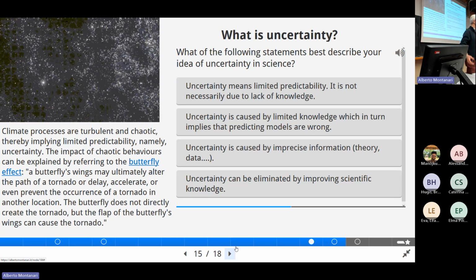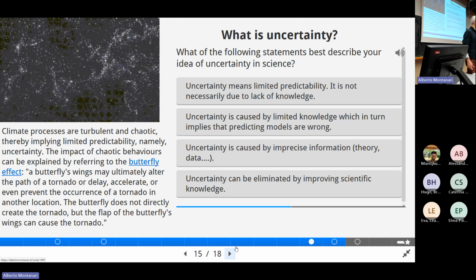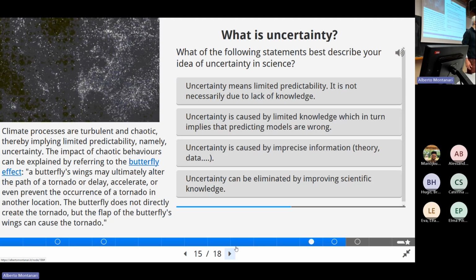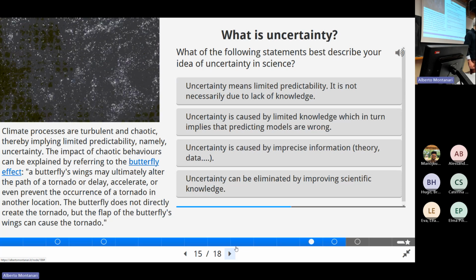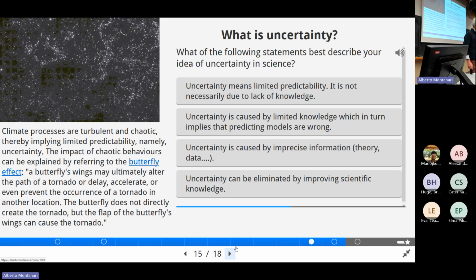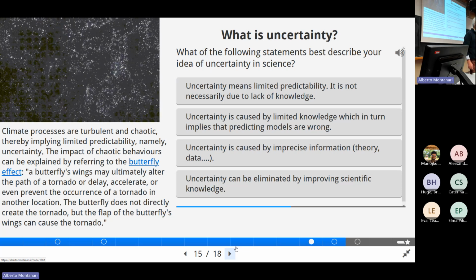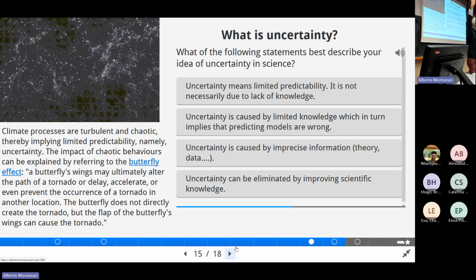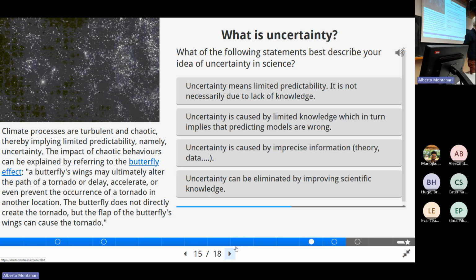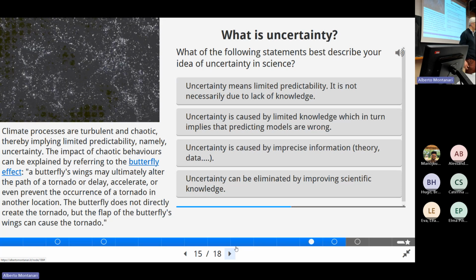And indeed, this is a typical effect that occurs with turbulent systems. When there is turbulence, you can just vary the initial condition by a small amount, and the final result is a hurricane. Indeed, it is true.